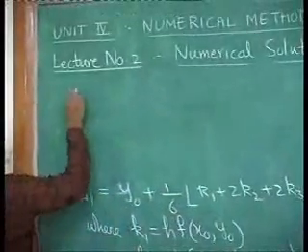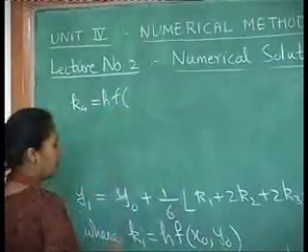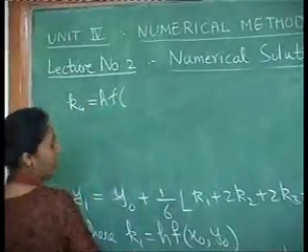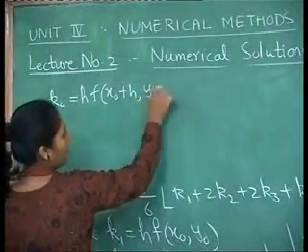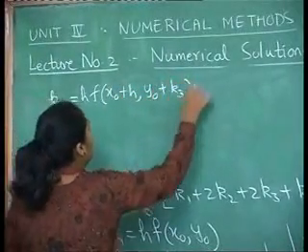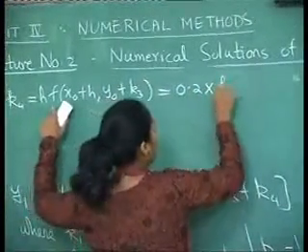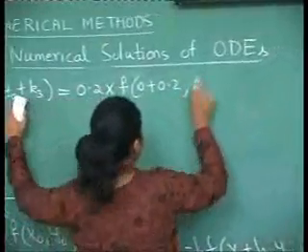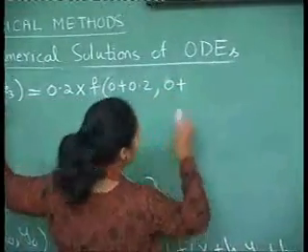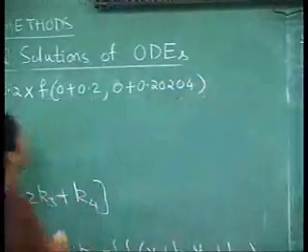And now let's calculate K4. K4 is on the same side of the board. K4 is h times f of x naught plus h comma y naught plus K3. Only K1 and K4 are different. Let's substitute once again. h is 0.2, x naught is 0, y naught is 0, and K3 is 0.20204.